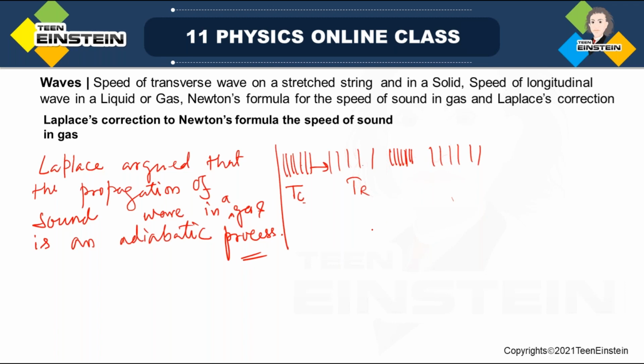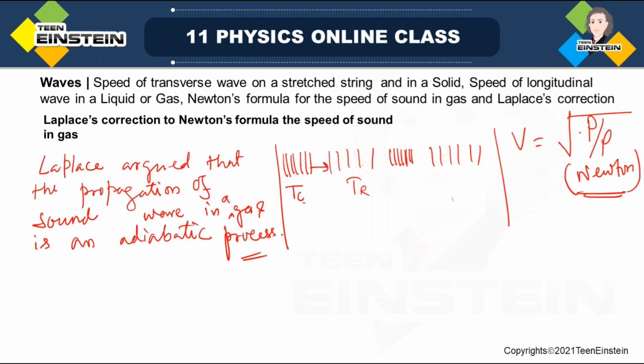So we know this velocity is given by square root of P by rho, according to Newton. But what is the main formula? We have to find K adiabatic here, K adiabatic by rho. Rho anyway doesn't change.